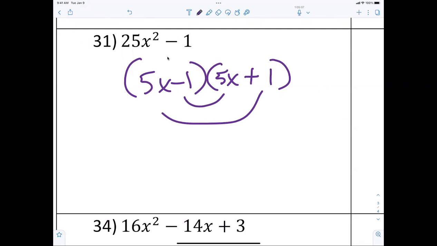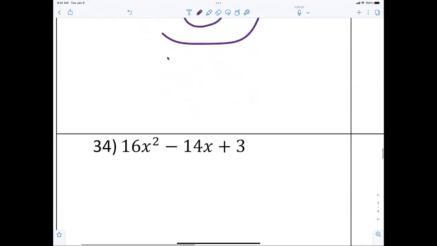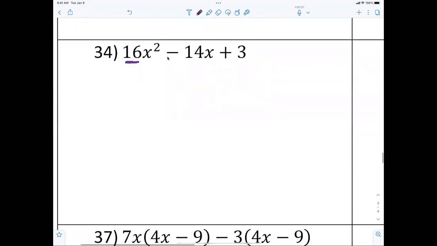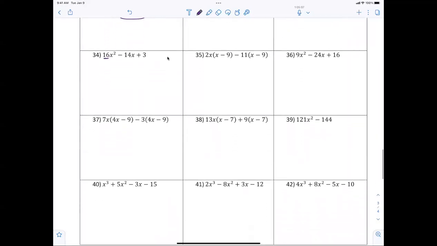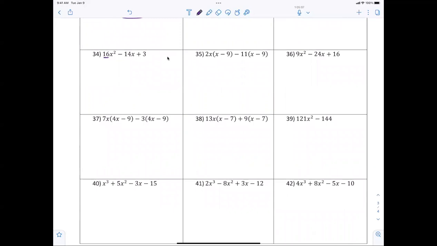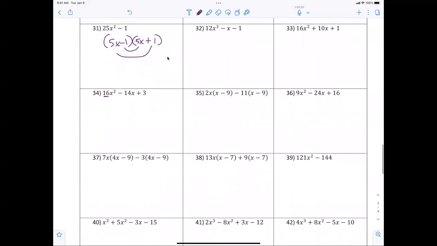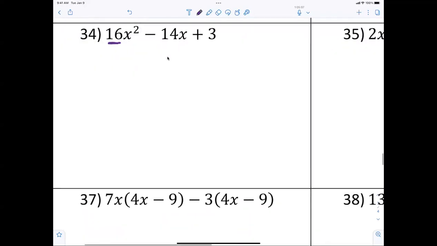Now 34 is a little bit harder because of that 16. I'm on 34. I'm just going down the page. I need help on 34, please.